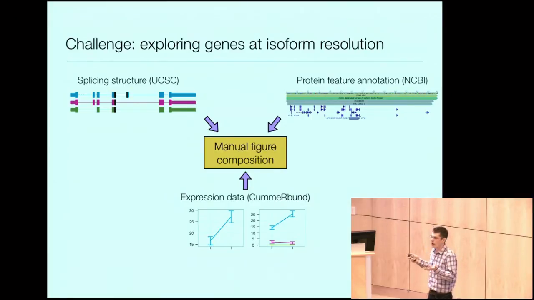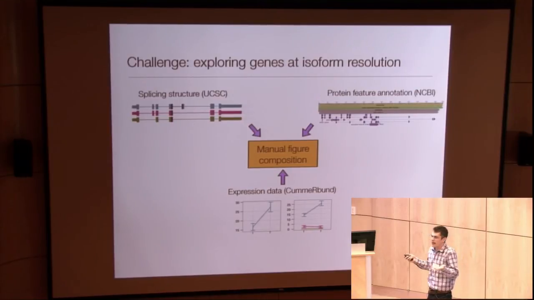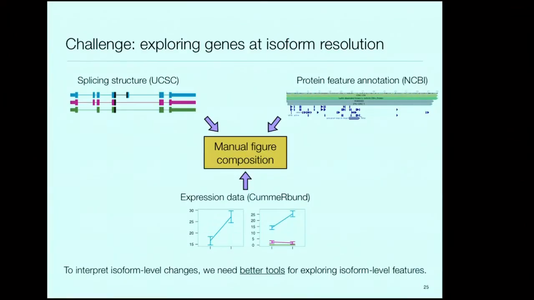And we have no good way of doing this right now. I mean, Cummerbund is great in the sense that it's fast and lets you plot your favorite genes, but it doesn't know about all this other data that's out there. I think this is basically a data exploration and visualization challenge. We need better tools for combining all this information together, because without it, you can't really interpret these differential splicing and promoter switching events very easily, because there's lots of them, and you don't know which ones you want to focus on.